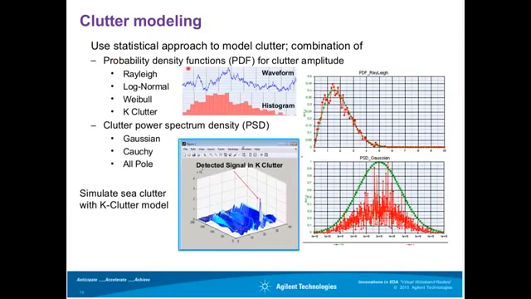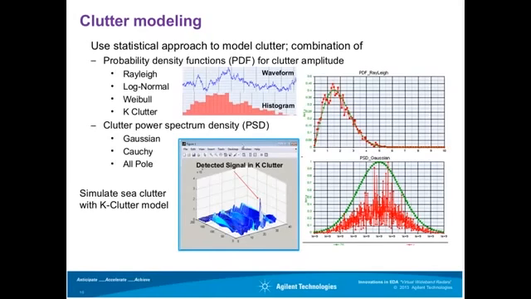The probability density function includes the Rayleigh, log normal, Weibull, and the K-clutter. And also, we support the clutter power spectrum density for this type of thing.